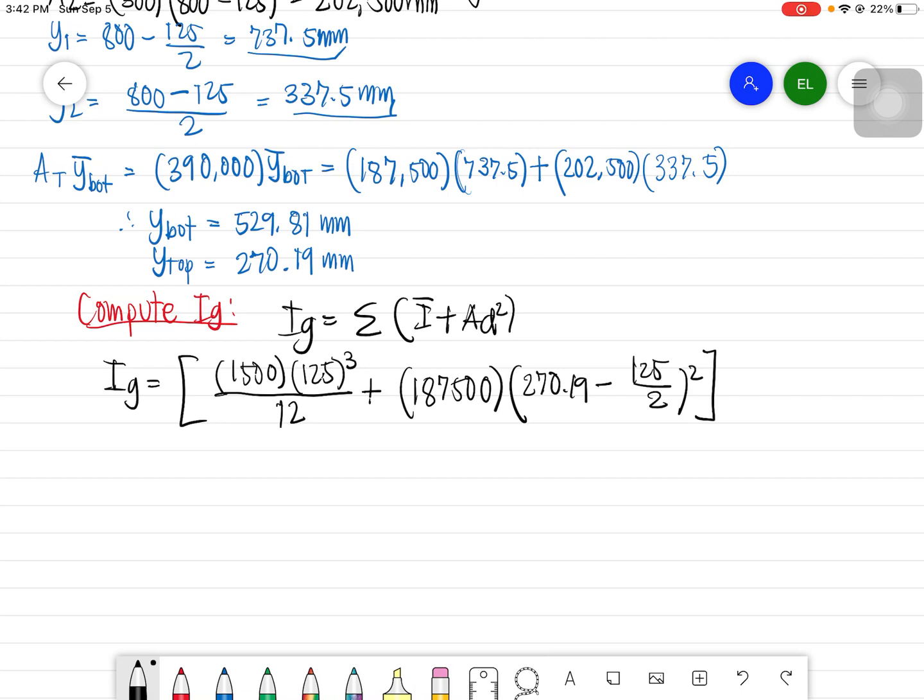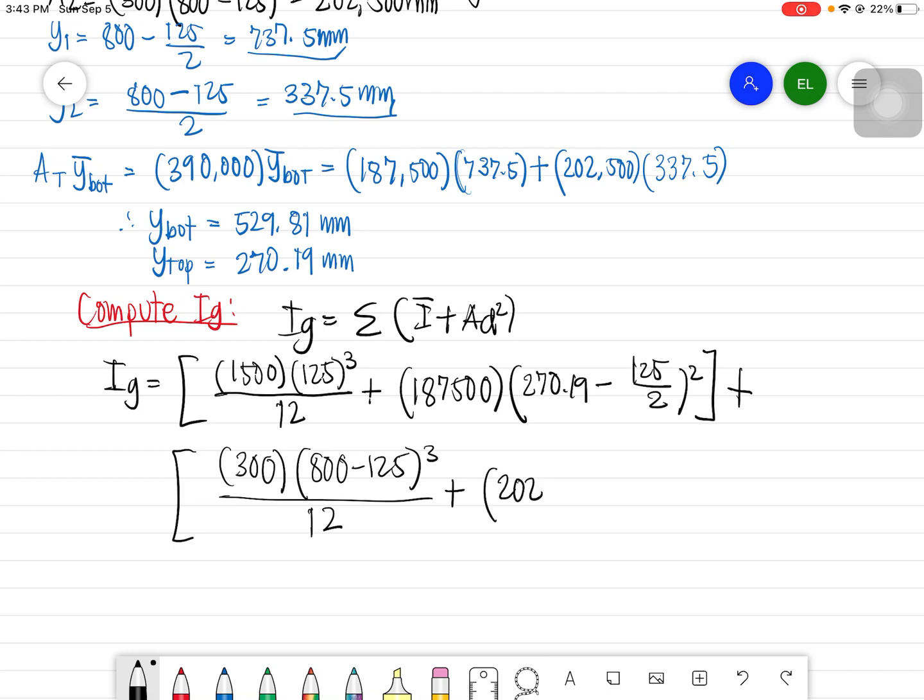Okay, so that is for the flange portion, then plus again for the web we have B, which is 300, then H 800 minus 125 cubed over 12, then plus the area of the web 202,500, then 529.81, that is for the y bottom, then minus 675 over 2 squared.